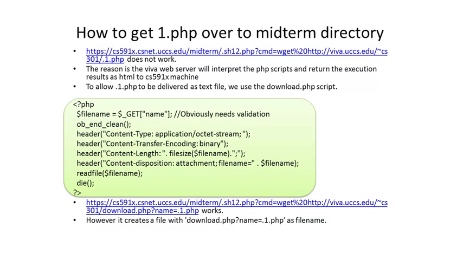Here we show the kind of header it's going to generate: content type, the encoding is binary, and the length is the file size with the parameter $name of the file name.